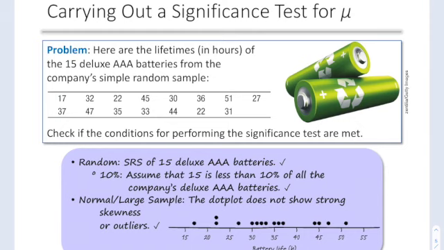The dot plot does not show strong skewness. There really is not a single peak for us to use, and there's not any outliers. If you are going to determine if something is an outlier, if there is a possibility, make sure you use that 1.5 times IQR rule in order to determine if it is an outlier.